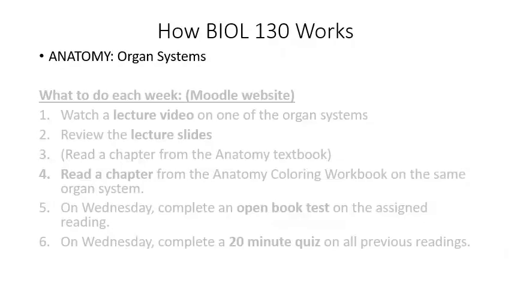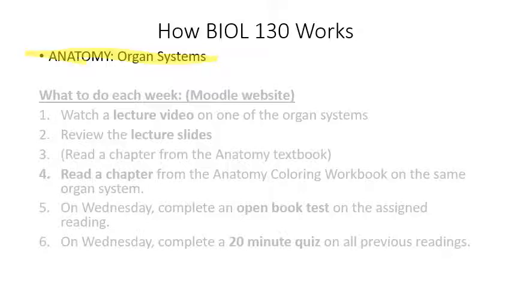First of all, anatomy is traditionally taught using organ systems. So for instance, in the old days, doctors and physicians used to try and learn about the human body by memorizing the names and the functions of every part without any system or any order to what they were memorizing.